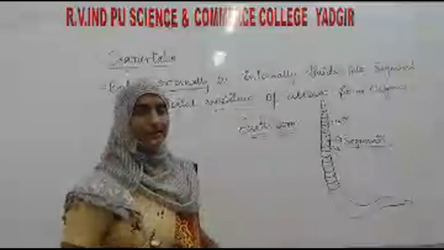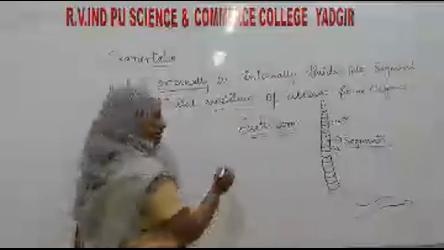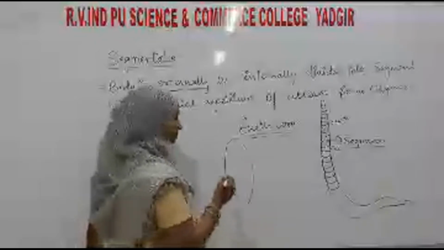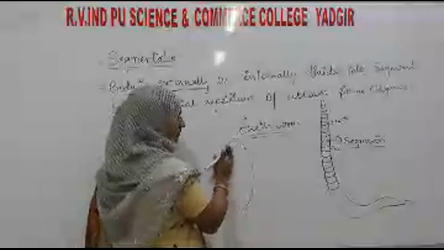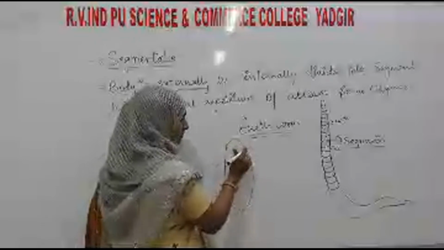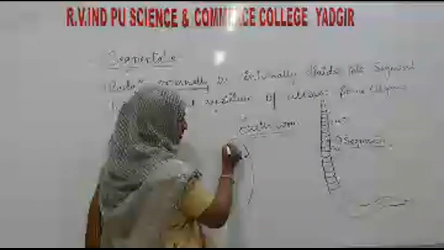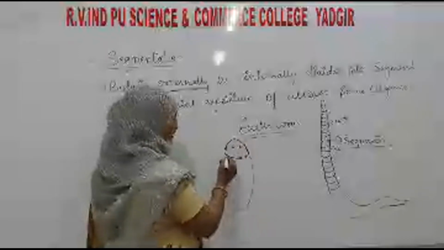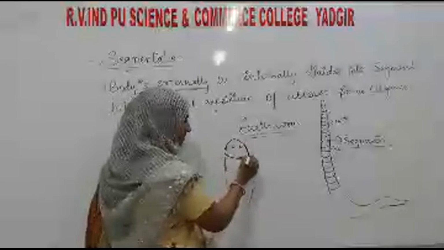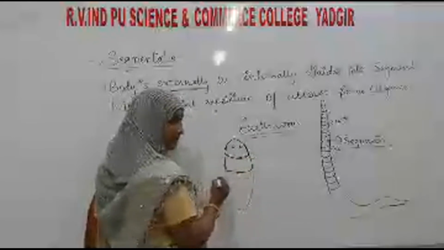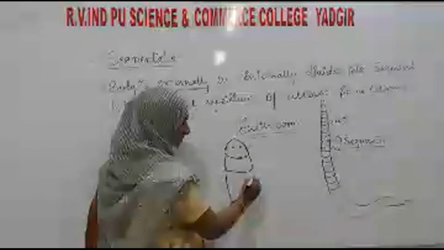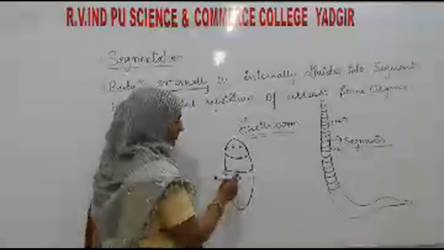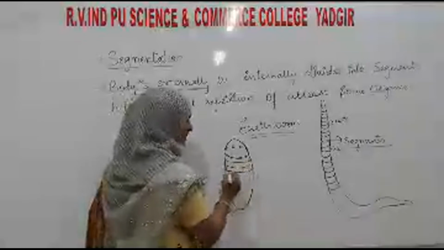Okay, one more example I will tell you. Take up the cockroach. This is the body of the cockroach. This is the head region, then comes the thorax region, then comes the abdomen. Here there will be presence of segments.